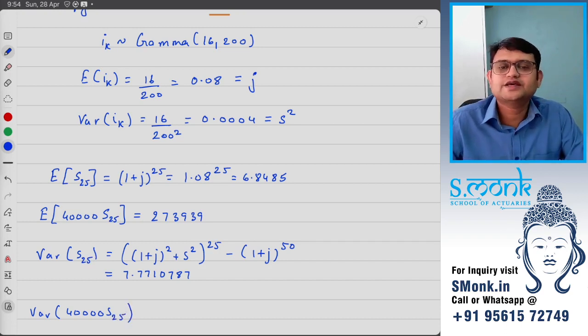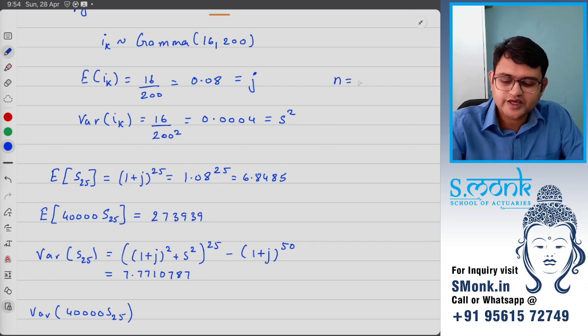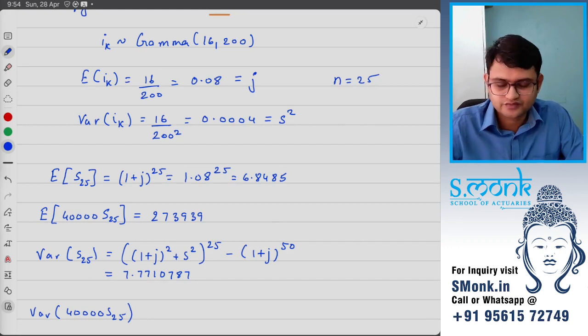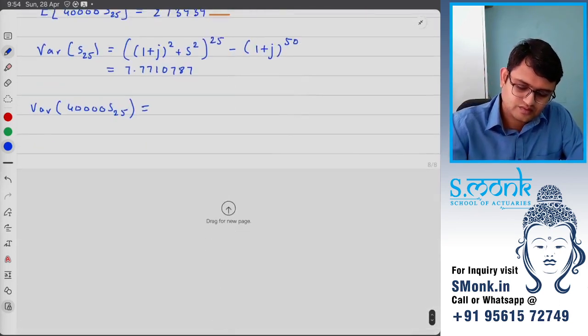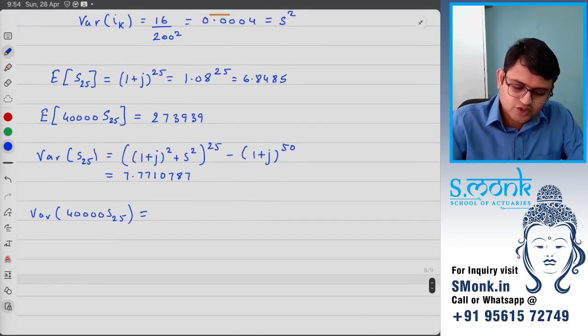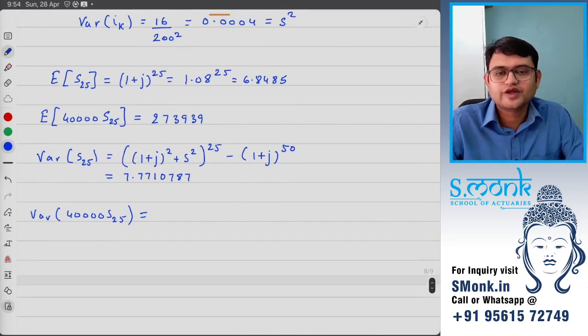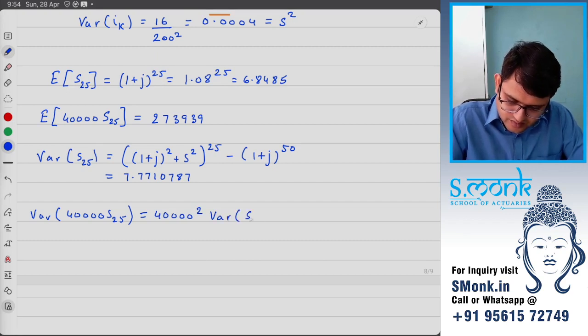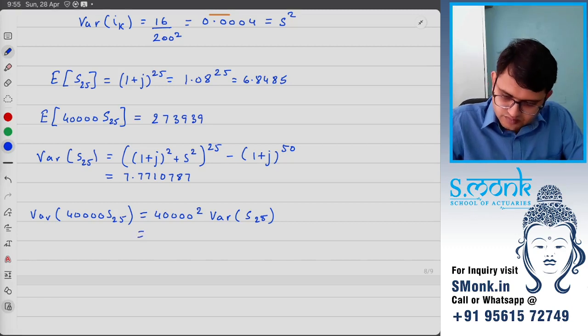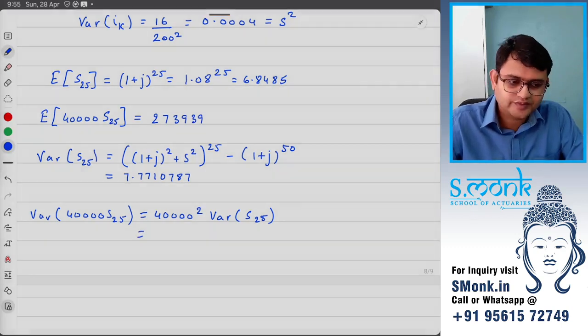Even if you write Sn everywhere, you can just write n is equal to 25 at the beginning, and that's fine. So always when a constant comes out of the variance, it comes out as square. Don't forget that. Don't make a mistake there.